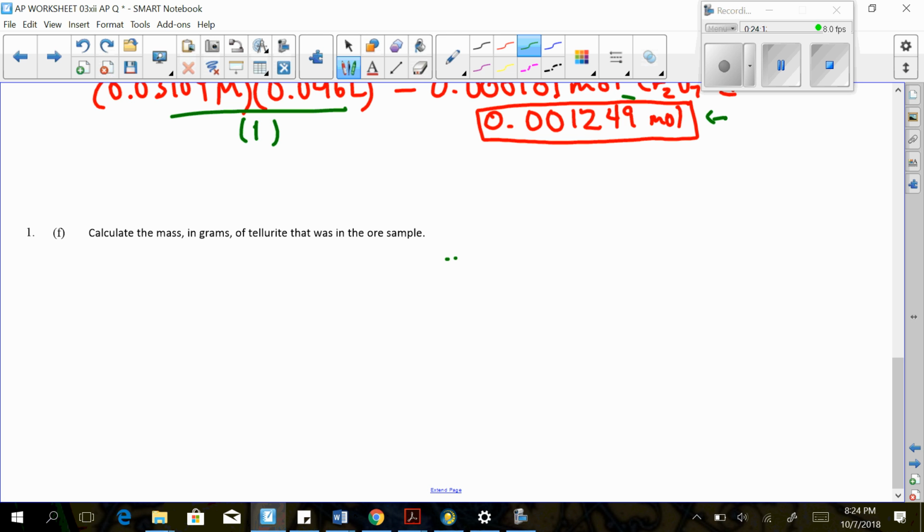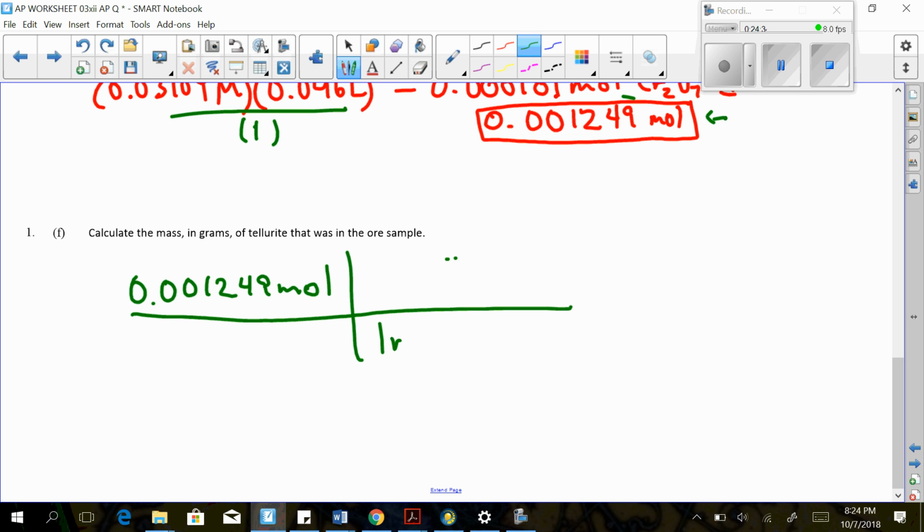So what we would do is we would take our number of moles that we just calculated, and if we look at that, for every 1 mole of that dichromate that reacted with the sample, there were 3 moles of tellurite in our ore.